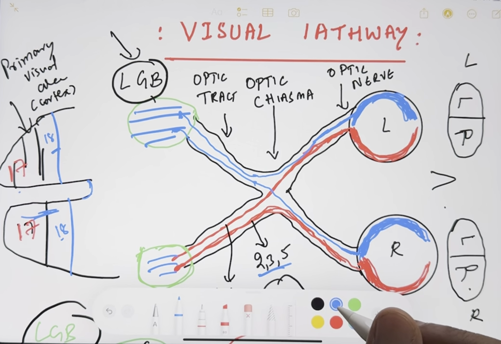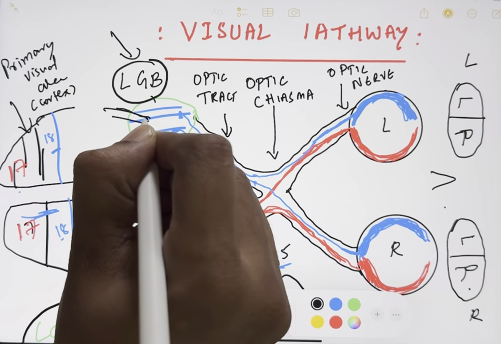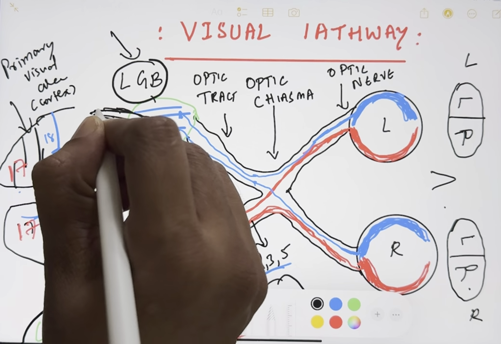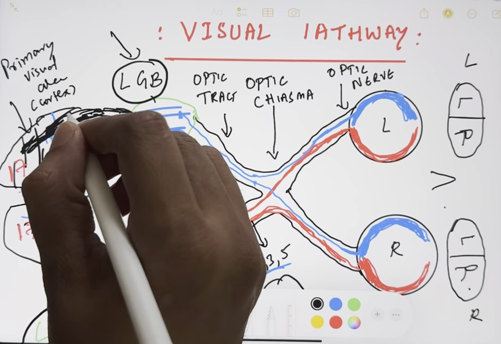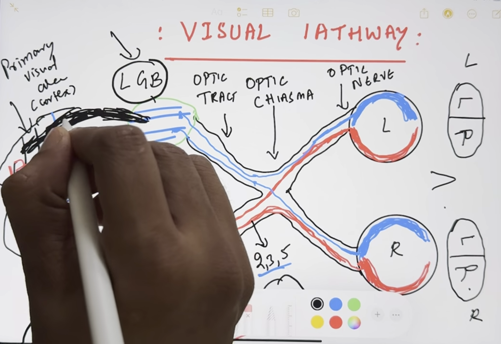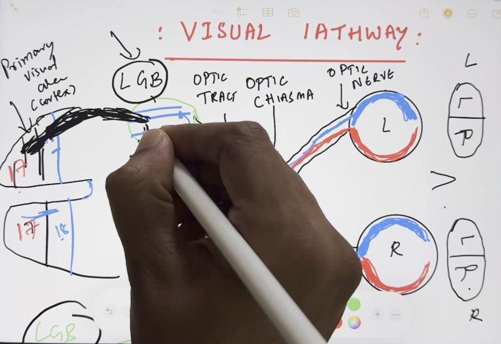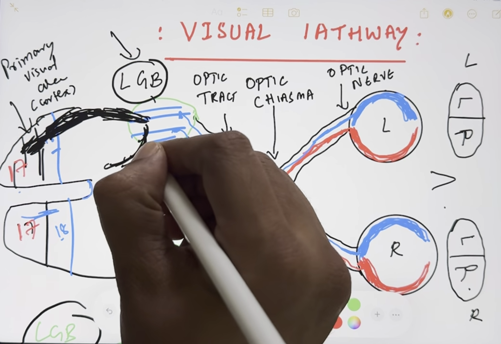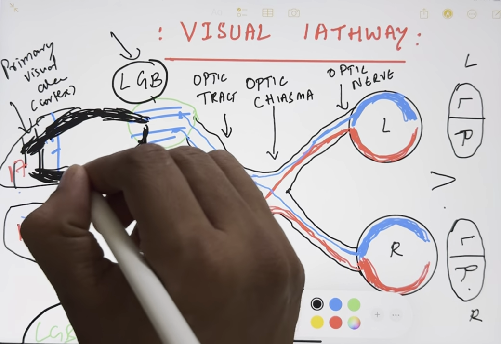Now, some fibers from the lateral geniculate body pass through the parietal lobe and finally terminate in area number 17, the occipital cortex. A few fibers go through the temporal lobe; these are known as inferior fibers, and they also ultimately terminate in the occipital lobe, area number 17.